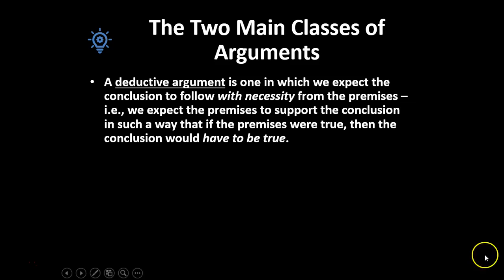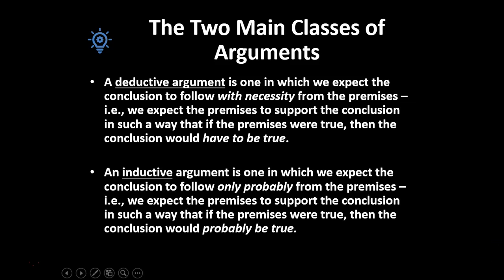And in an inductive argument, that's one where we expect the conclusion to follow only probably from the premises, not with necessity like up here, but probably. Right? We expect the premises to support the conclusion in such a way that if the premises were true, the conclusion would probably be true as well, but not necessarily, as is the case up here. Right?